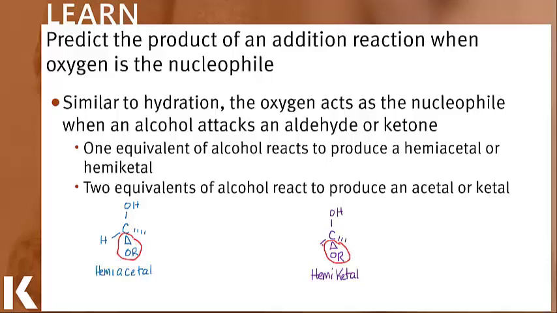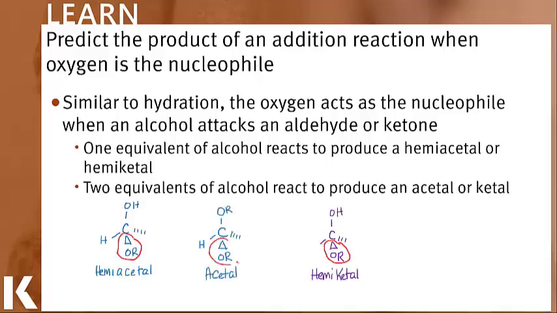On the other hand, if we have two equivalents of alcohol, the first equivalent will attack to make either the hemiacetal or the hemiketal. Then the second equivalent will attack again. And when that happens, if I have two equivalents attacking an aldehyde, I'm going to end up with an acetal.